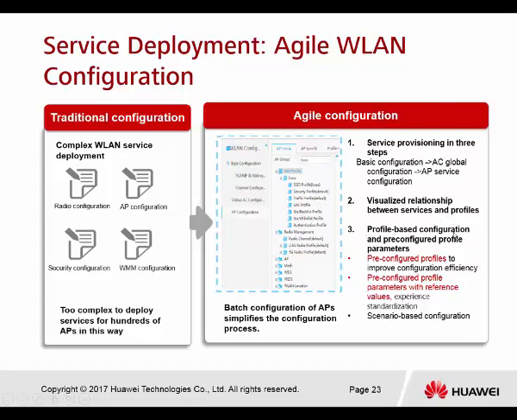Profile-based configuration and pre-configuration profile parameters. Pre-configuration profile improves configuration efficiency, and the next one is a pre-configuration profile parameter with reference value for experience standardization. And the last here is scenario-based configuration.